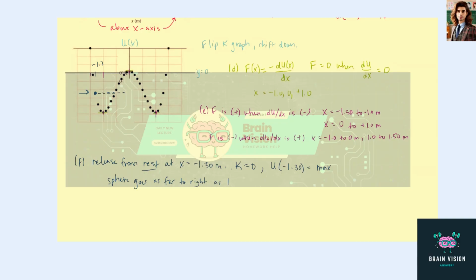So we thought that value, reading off using the kinetic energy graph to help me find it, gave me a value of negative 0.13 joules.